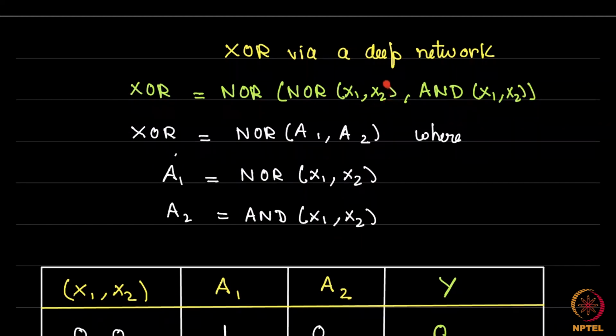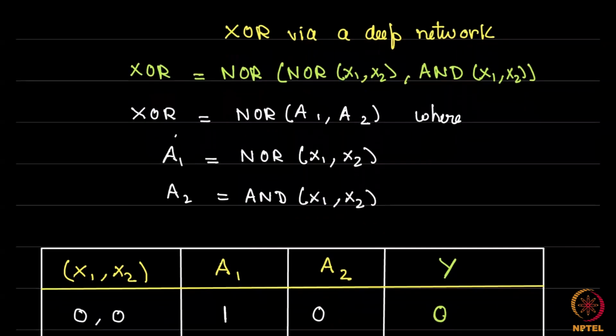You had x1 and x2, apply a NOR. Then for the same x1 and x2, apply an AND. Then put a NOR of the output of these two, and that will give you XOR. So another way of writing it is, let's say, NOR of x1, x2 is A1, AND of x1, x2 is A2. Then you do NOR of A1, comma A2, and that will give you XOR.